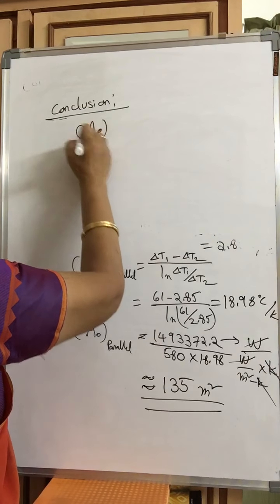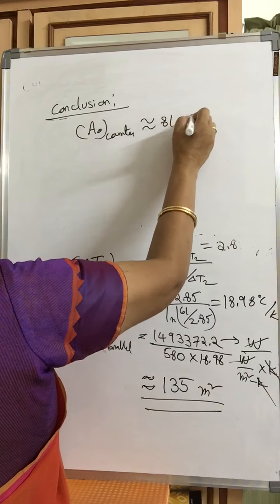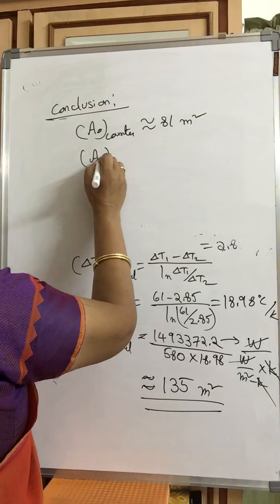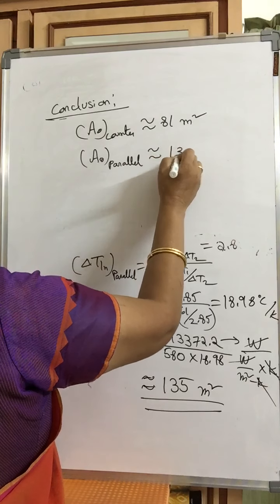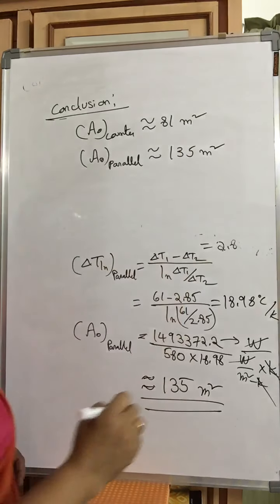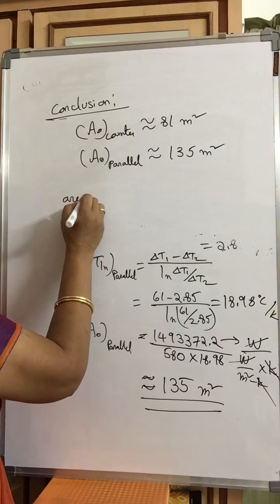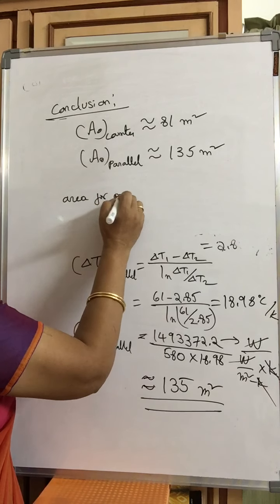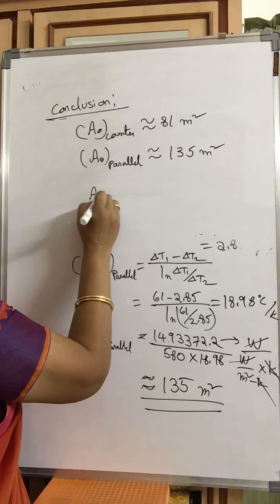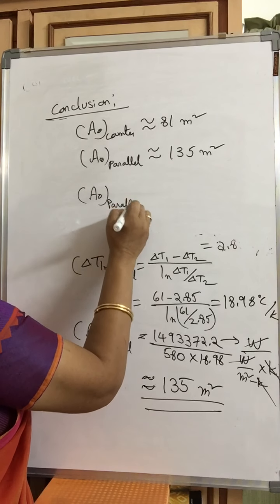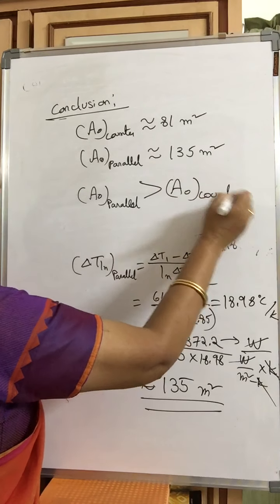A naught counter nearly 81 meters square you got, and A naught parallel nearly 135 meters square you got. Okay, so what you are observing, area for parallel, or you can write like this, A naught parallel is greater than A naught counter. This is our observation.